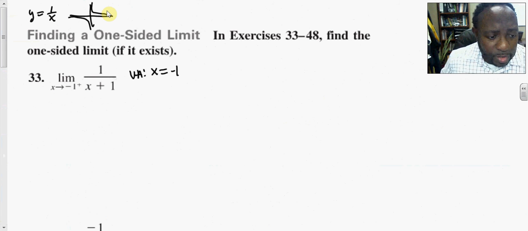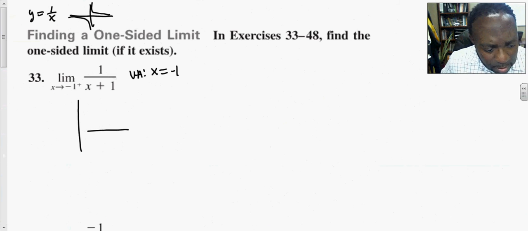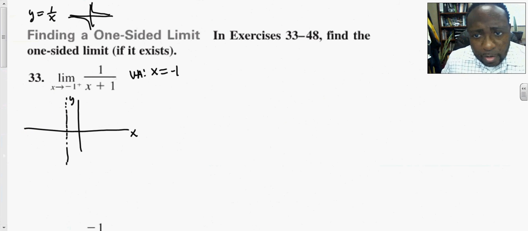And so this graph here for number 33 just takes the basic graph and shifts it over by 1 because x moves over to negative 1. So we'll just do that. We say x is negative 1 here. That's the vertical asymptote. And we get the graph.